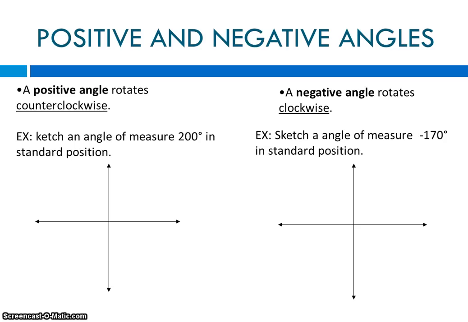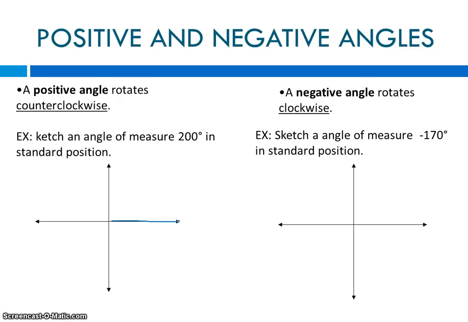We are going to sketch an angle measuring 200 degrees in standard position. So it's in standard position, which means we draw it with the vertex at the origin. My initial side is always going to be my positive x-axis, and 200 degrees is going to go 180 degrees plus 20 more degrees.